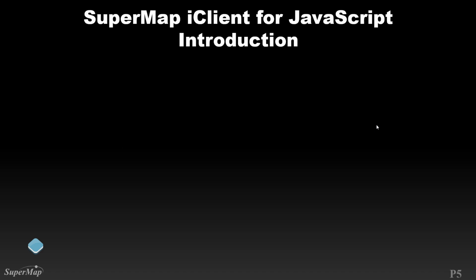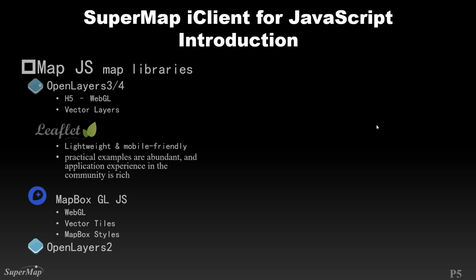You may want to know what the basic core library of these products is integrated with and what it is used for. We can look at the OpenLayers product, which is integrated with OpenLayers 3 and 4 versions, and the display effects for HTML5 and vector tile layers are extremely good.